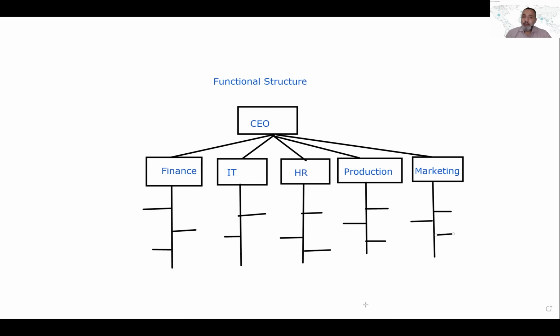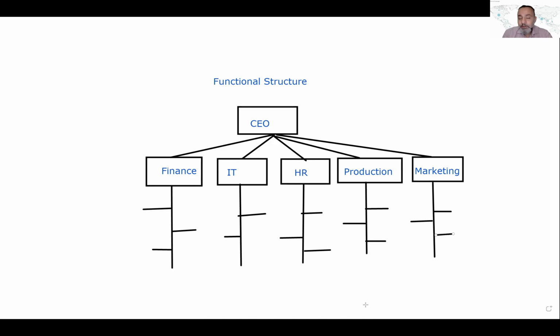Now, in this structure, if we want to do a project, for instance, let's say that the CEO has decided that we need a new company website. We need to develop a new company website. So this is a project and we need to do it. How do we do this project?